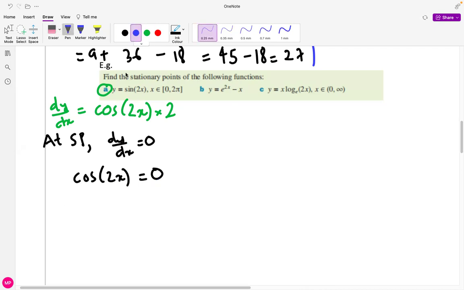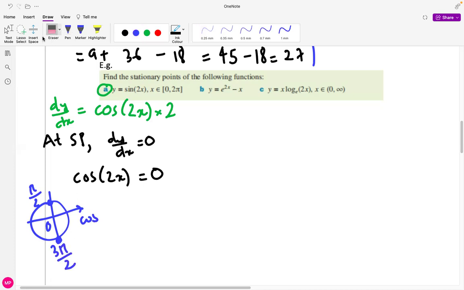Now cos of 2x equals 0. Basically this goes back to solving circular functions. If you solve cos of something equals 0, cos is the x-axis, so you could have this angle here, which is 90 degrees, pi on 2, or you could have the other angle here, which is 3 pi on 2.